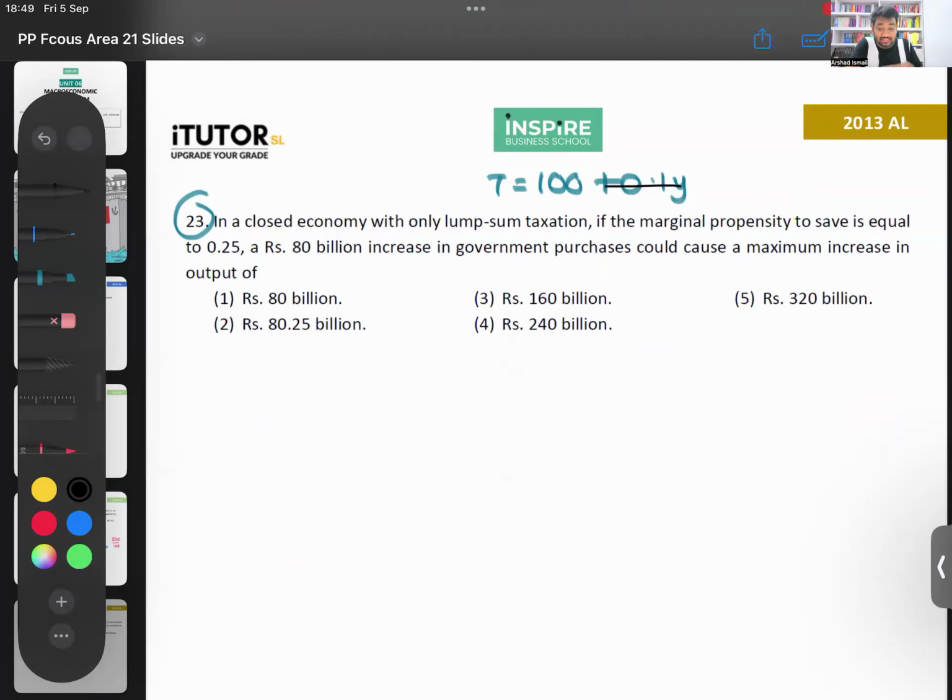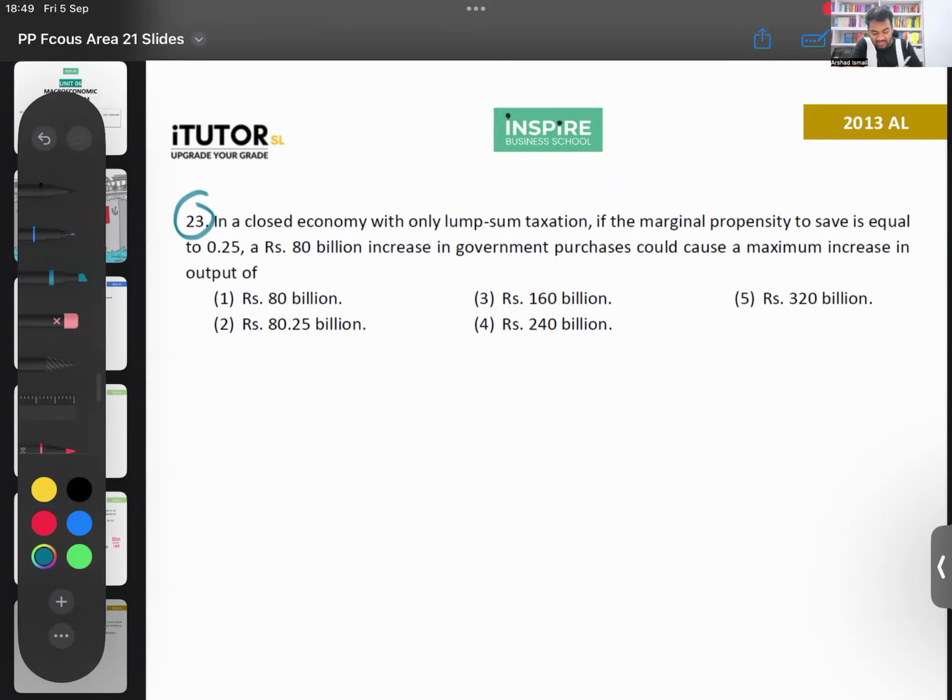Only lump sum taxes are there. They're saying in an economy with only lump sum taxes, the marginal propensity to save is equal to 0.25.